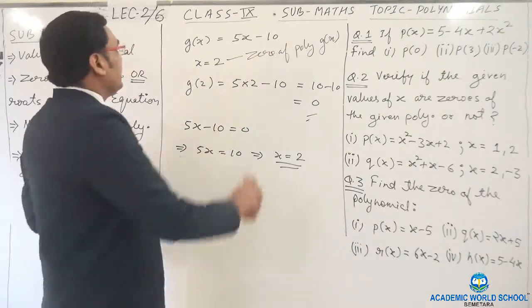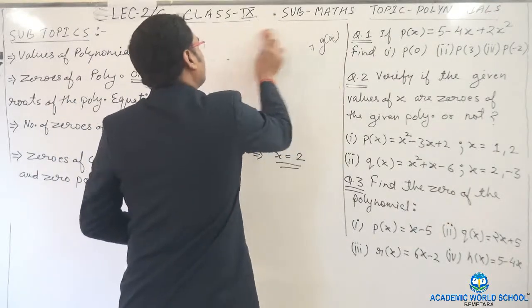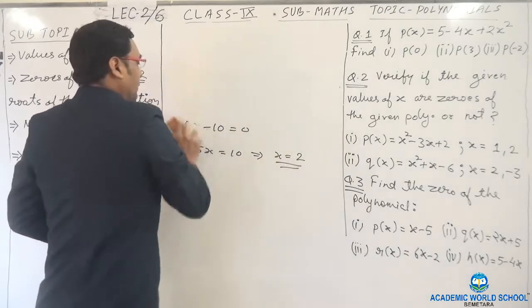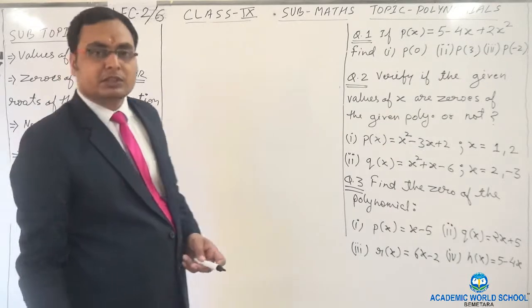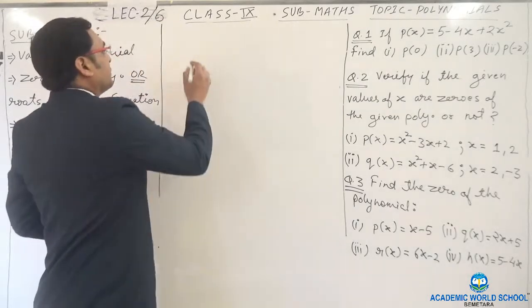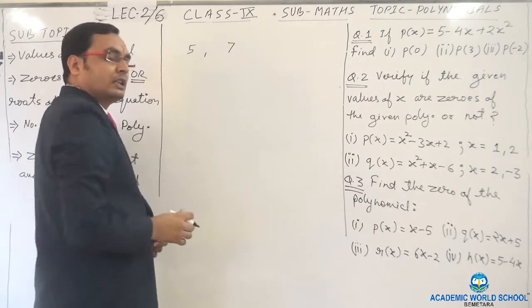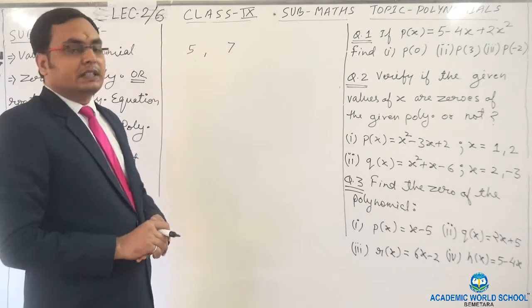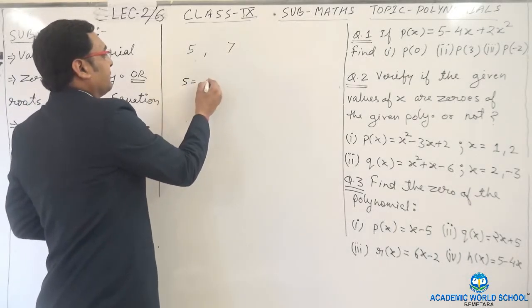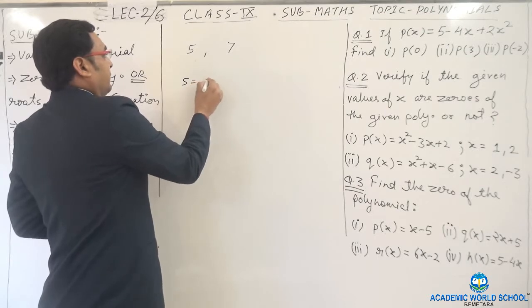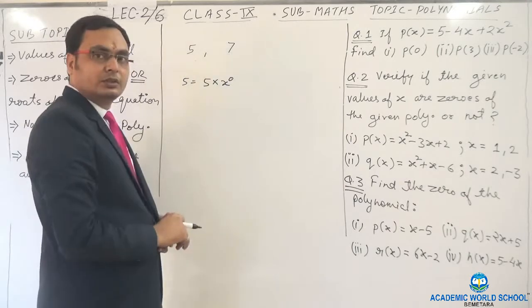Further, there are some polynomials we know, constant polynomials and zero polynomials. What will be the zeros of those polynomials? Constant polynomials, we know their value is always fixed, 5, 7, and we know the degree of a constant polynomial is 0. Actually 5 can be written as 5 into x to the power 0.